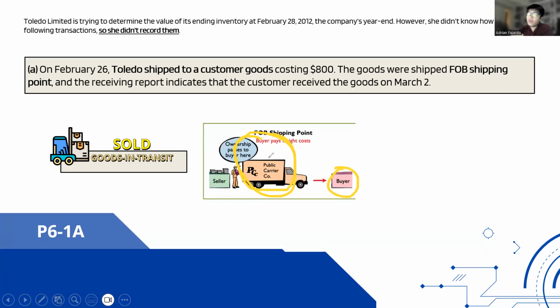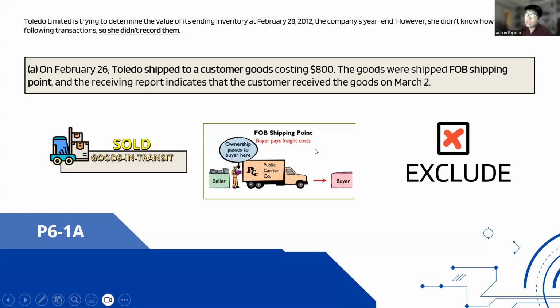So, do you own it? Yes or no? No. Nag-transfer na, right? Whoever paid for the freight will automatically get the ownership from that point on. So, inventory inclusion question, do we include or exclude? The answer is, we exclude, right? So, ganun lang. Inventory inclusion lang is, do we exclude or include? So, this case, we exclude.